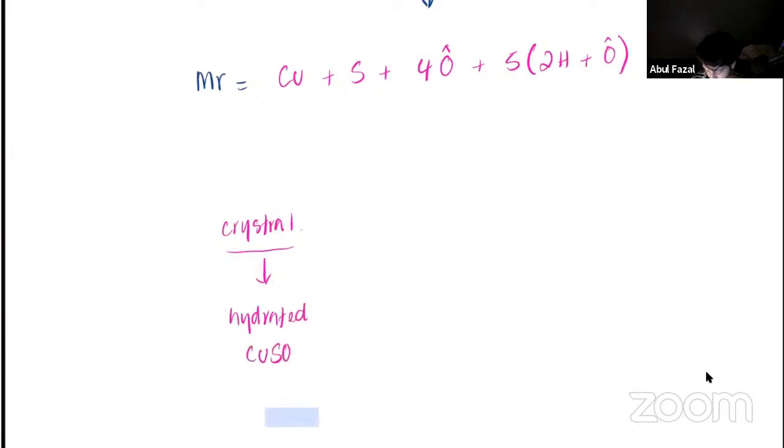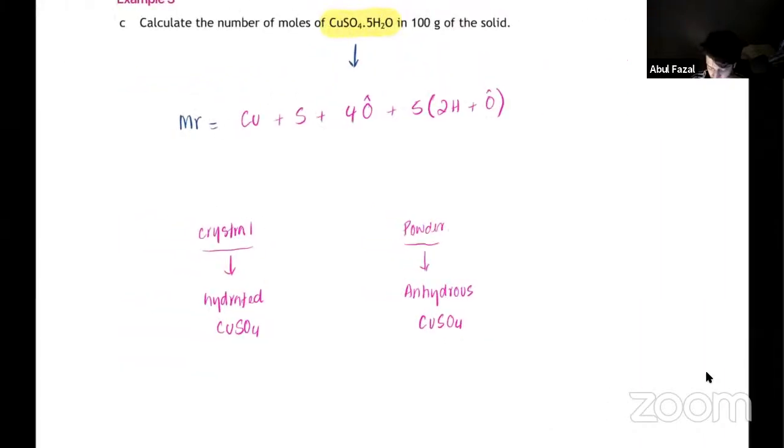Hydrated CuSO4. And if it's in powdered form, or just copper sulfate in its non-crystal form, they call it anhydrous copper sulfate. Just weird terminology.